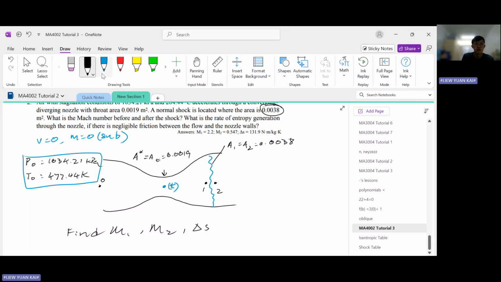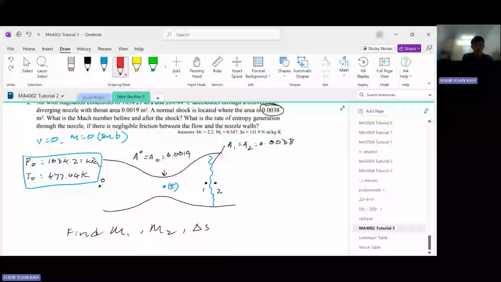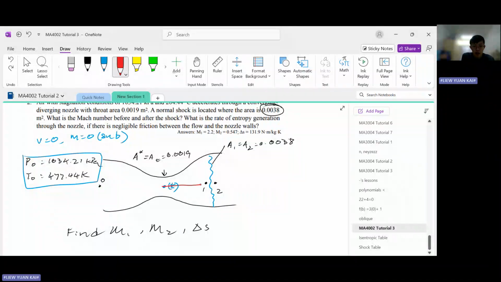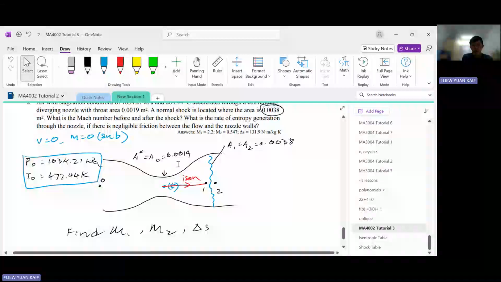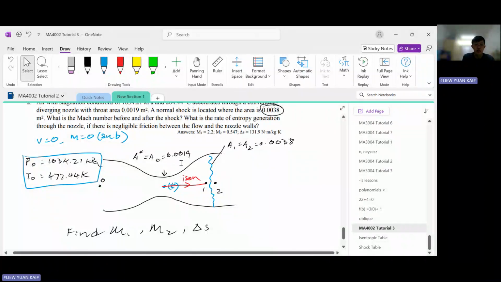So you know the critical area, and you know the cross-section area at a separate point. These two are connected by an isentropic flow, meaning they share the critical area.